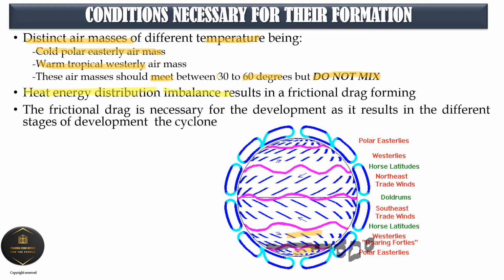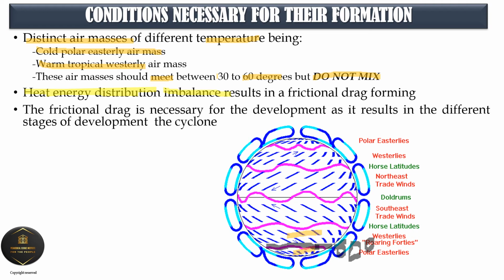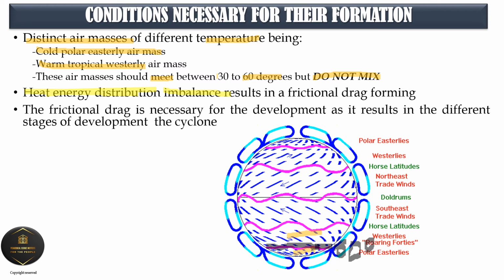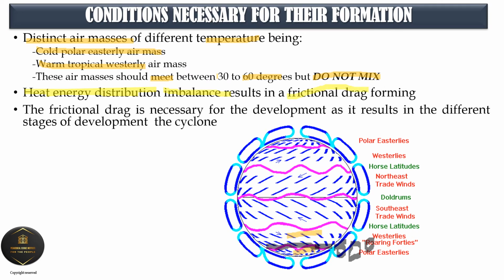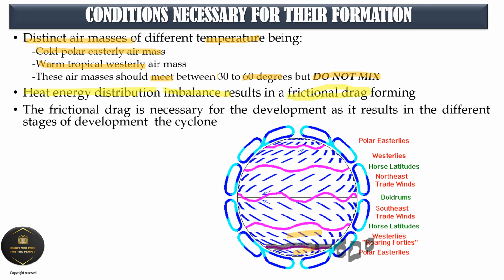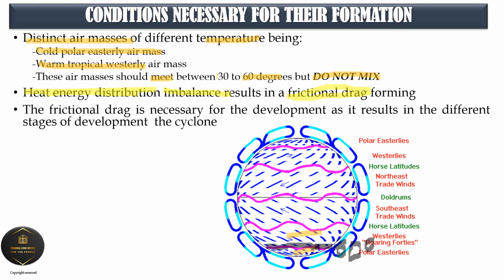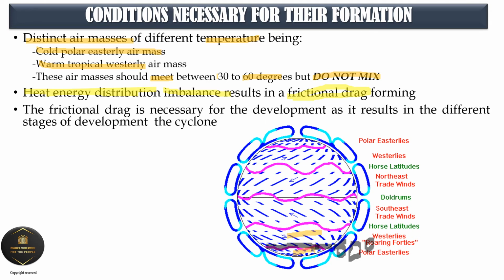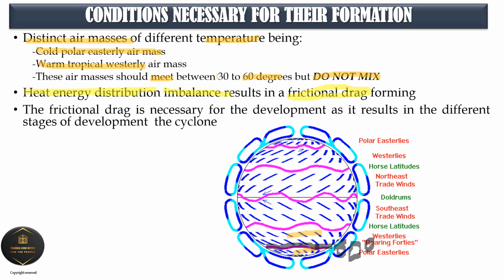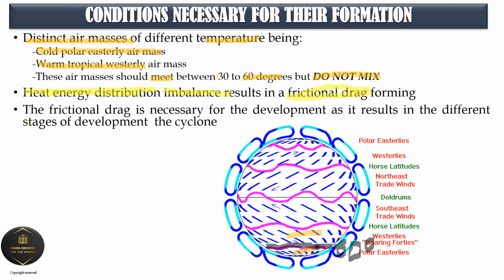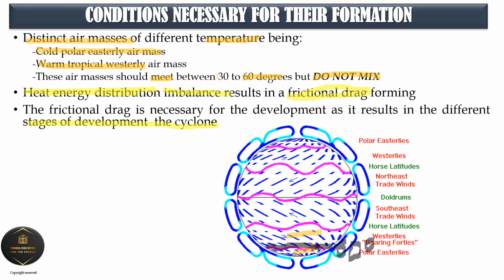So when the two air masses meet, there will be that disturbance, that imbalance, and that imbalance causes friction to form, simply because the cold air will follow the rule and just decide to sink, while the warm air will force its way up. And as a result of that, we have the different stages of development of the system, and a cyclone is born.